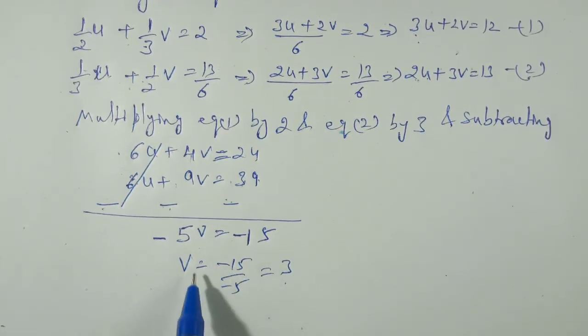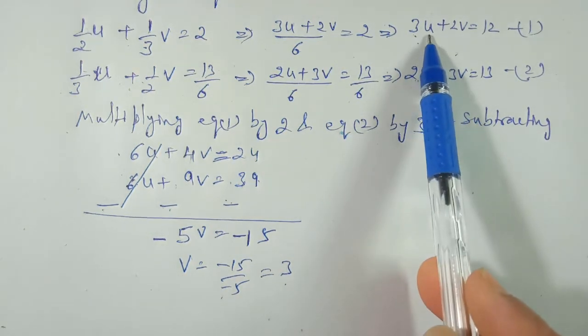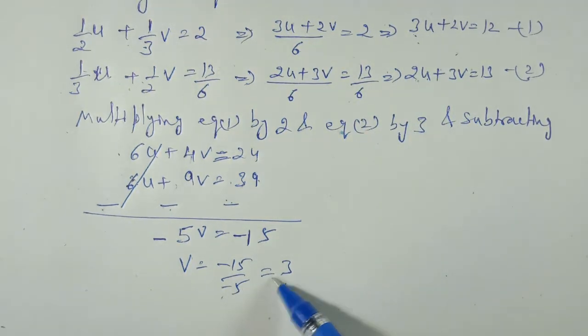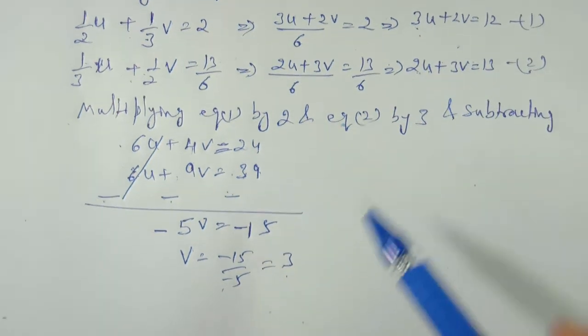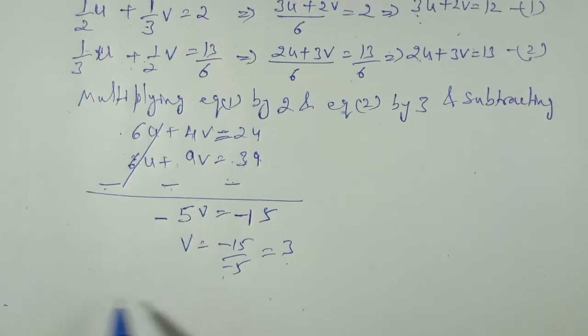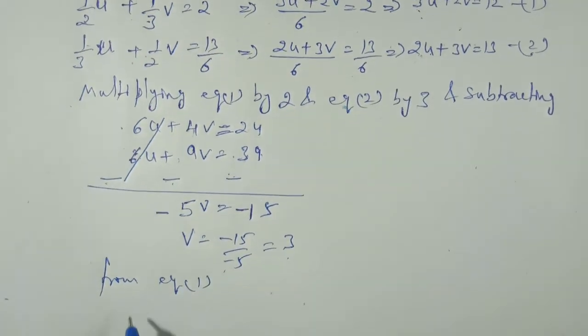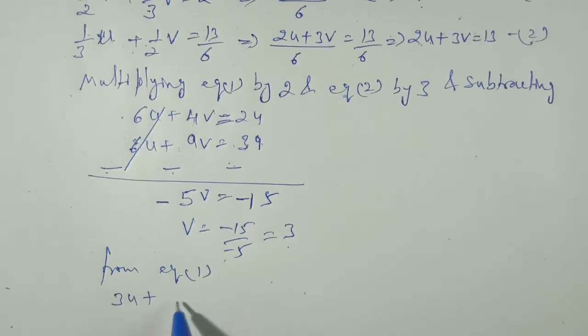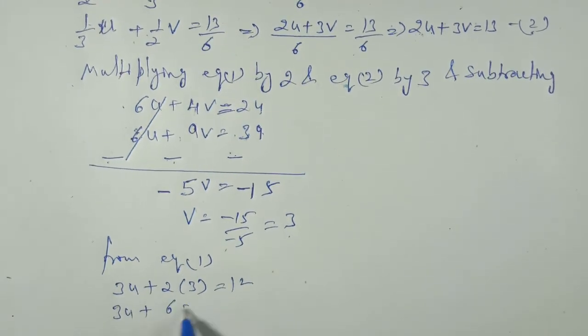Now when we get the value of v, next we have to find the value of u. So we're going to substitute the value of v either in equation first or in equation 2. I am substituting it in equation first. So from equation first, we have 3u plus 2 into 3 equal to 12. 3u plus 6 equal to 12.